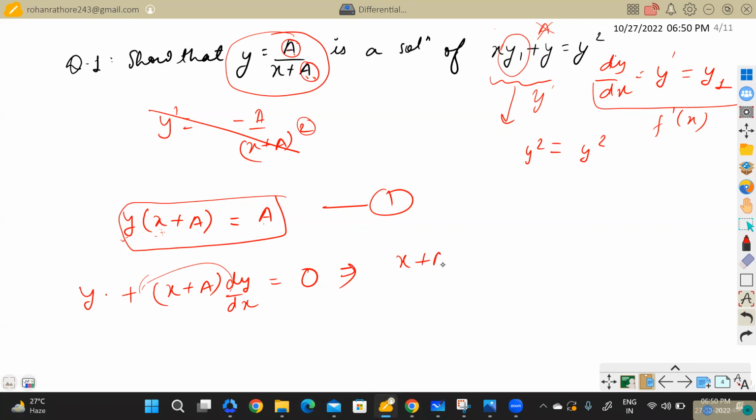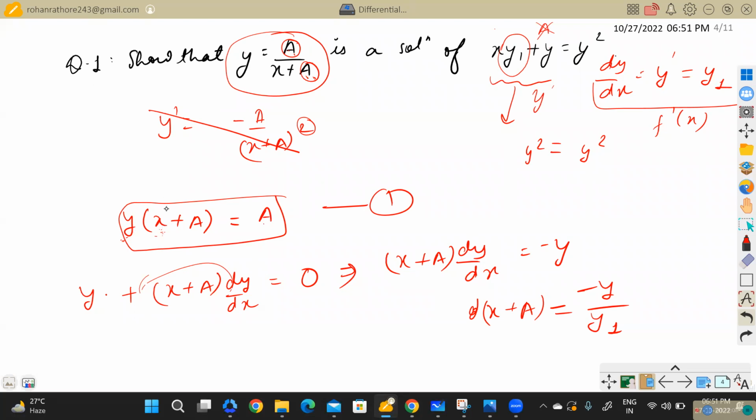So x plus a times dy by dx is minus y, and x plus a is minus y by y1, which is required in the question. So this is the value of x plus a, minus y over y1, and this is the value of a, that is y times x plus a.